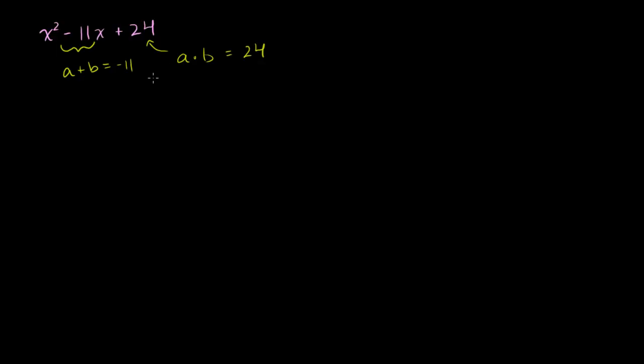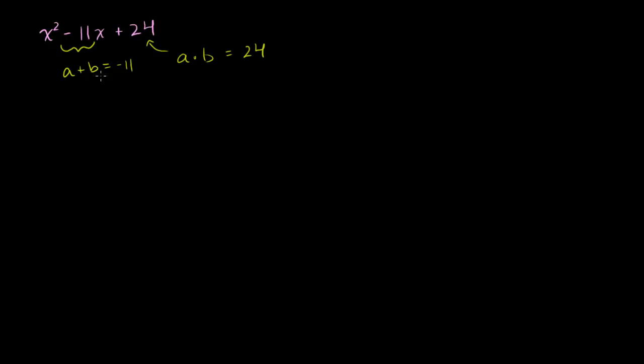Now, there's something for you to think about. If when I multiply both of these numbers, I'm getting a positive number, I'm getting a 24, that means that both of these need to be positive or both of these need to be negative. That's the only way I'm going to get a positive number here. Now, if when I add them I get a negative number, if these were positive, there's no way I can add two positive numbers and get a negative number.